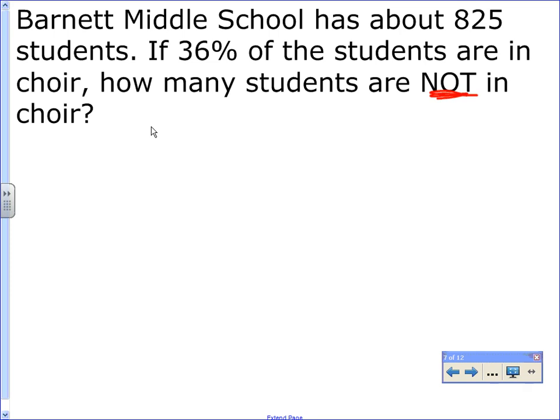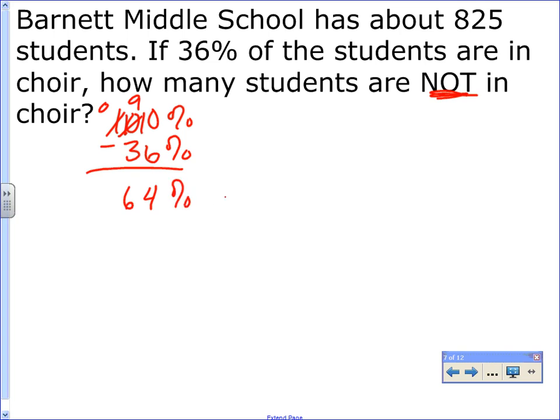Okay, you've got to figure out, you're going to have to subtract, and there's 2 ways you can do it. You can either figure out 36% of 825 and then subtract that number from 825, or you can just subtract from the beginning, which I think is easier, because we know that 825 is 100% of the students. 36% of them are in choir, and we're looking for how many students are not in choir. 64% are not in choir, so I'm really looking for 64% of 825.